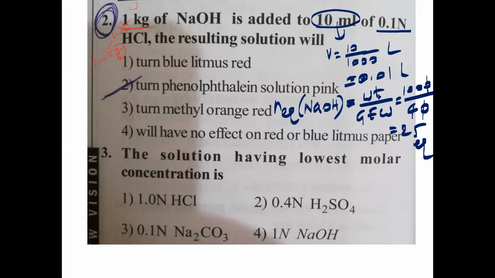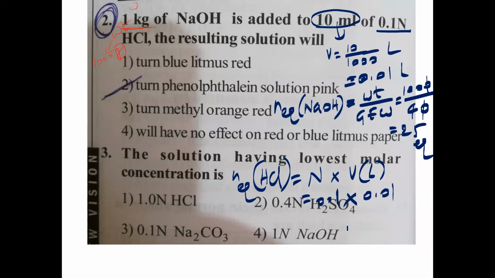And how many equivalents of acid are there? The number of equivalents of HCl is normality into volume in liters. The normality of HCl is 0.1 normal, into volume 0.01 liters, so that is 10 power minus 3 equivalents.